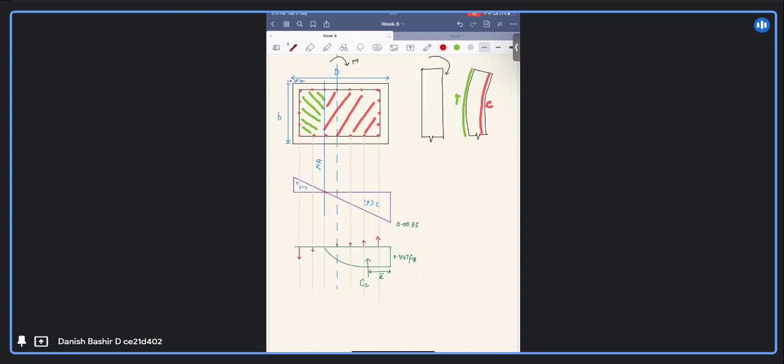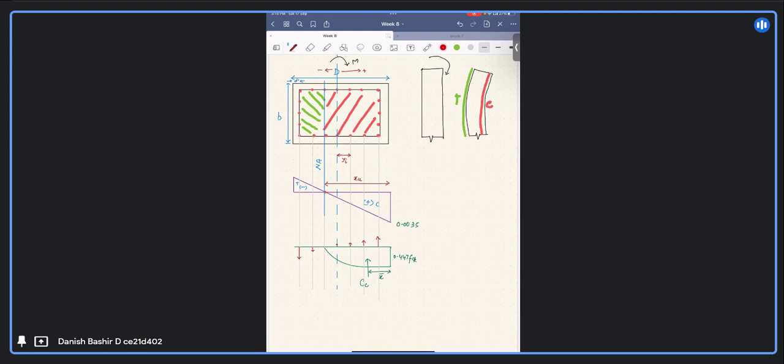First we have to calculate the strain in each rebar line, for the compressive part and the tension part as well. Here it will be XU, the depth of the neutral axis. From the centroid we denote the distance as YI. For example, we take this side as positive and this side as negative.